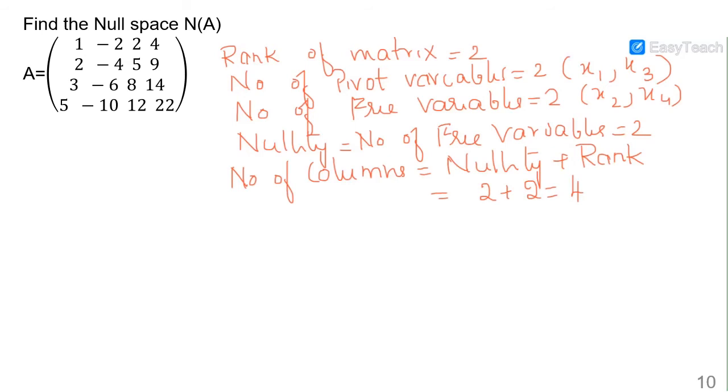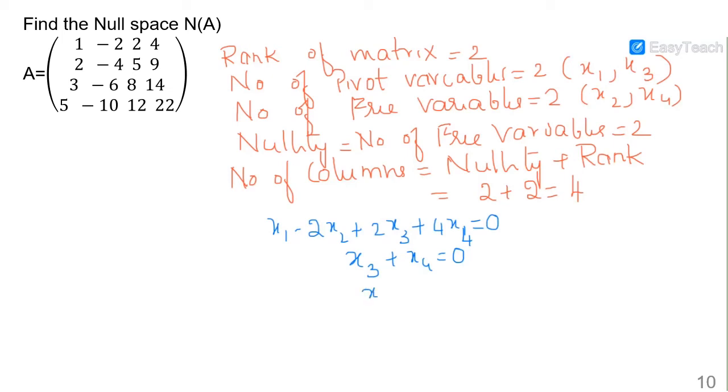Now let me write the equations corresponding to the reduced matrix. So I can write this as x1 minus 2x2 plus 2x3 plus 4x4 equal to 0. Second equation is x3 plus x4 equal to 0. I have to write in such a way that pivotal variables will be equal to some constants multiplied by the free variables.